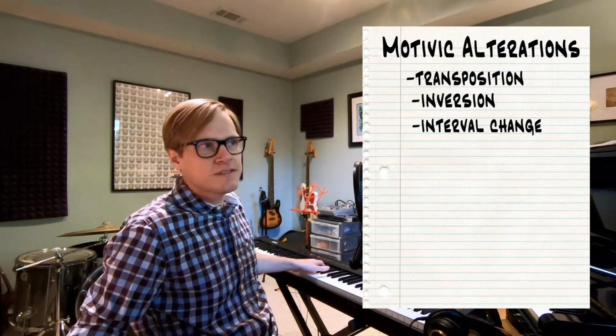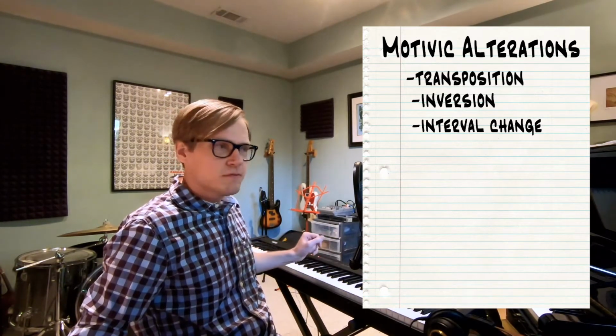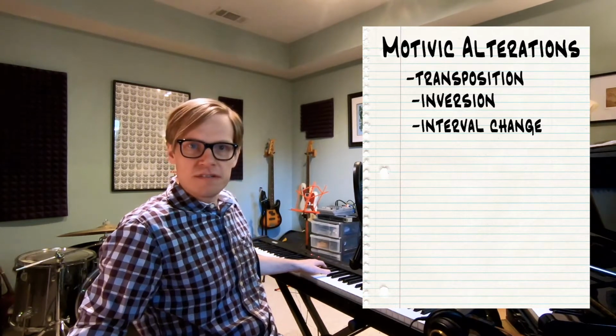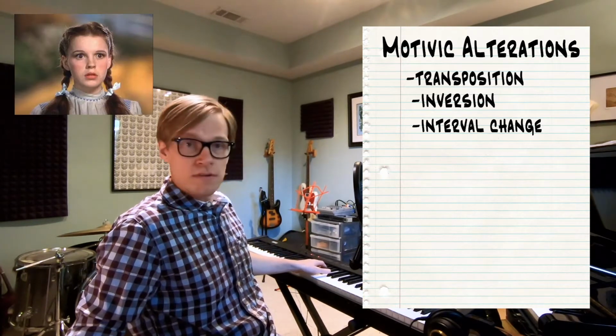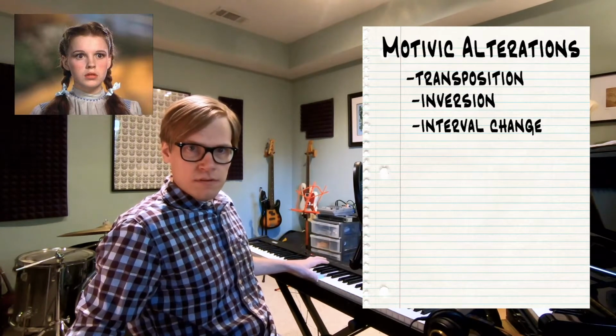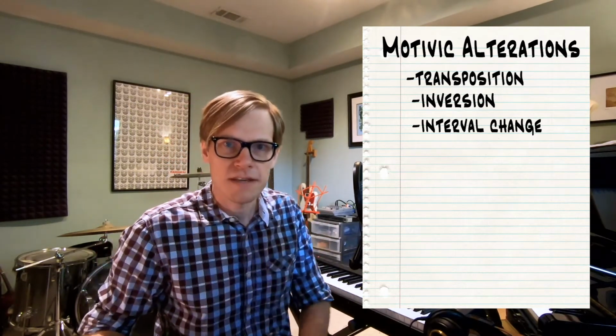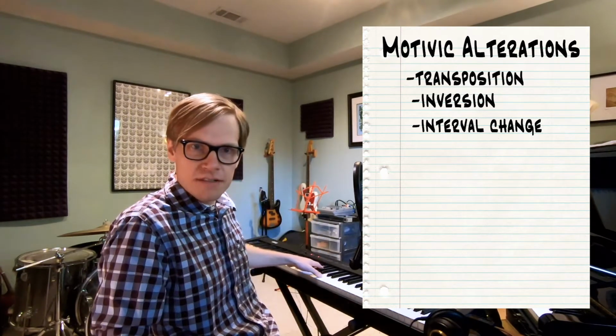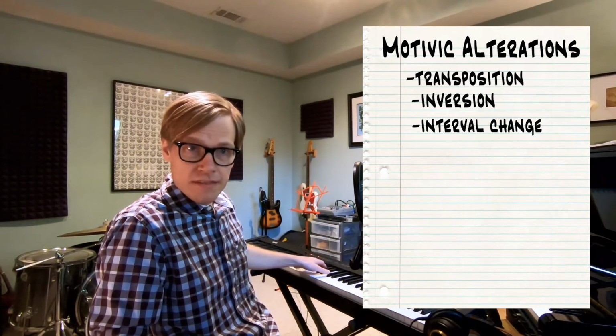But let's say on a second verse, I wanted to make this a little bit more edgy, and I change that first interval. So it still sounds like Somewhere Over the Rainbow, but I changed that octave to a minor ninth.